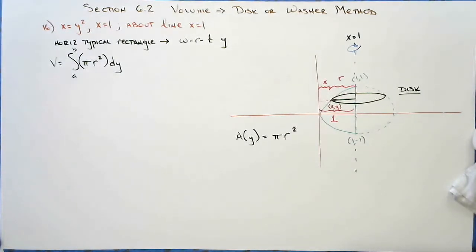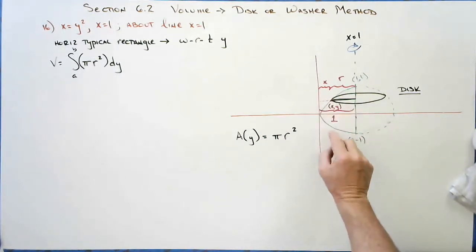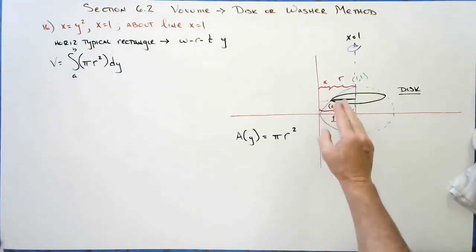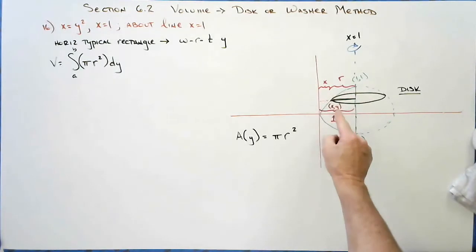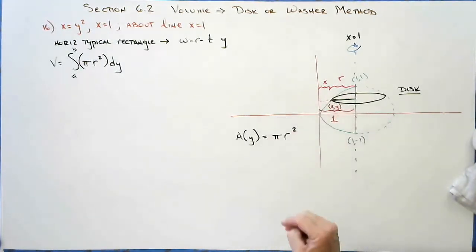These three brackets, whenever you're rotating around a line that's not one of the axes, will always help you find the radius. One of your brackets goes from the axis parallel to your axis of rotation to your axis of rotation. And then the other two brackets go from your point x, y to your axis of rotation and from your point x, y over to your axis. If you draw those three brackets, you'll always be able to find your radius.